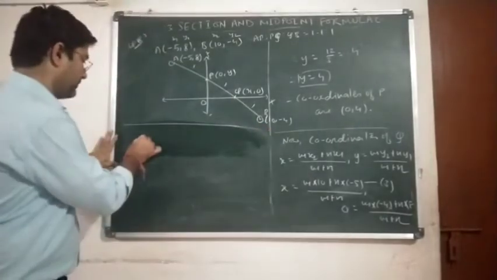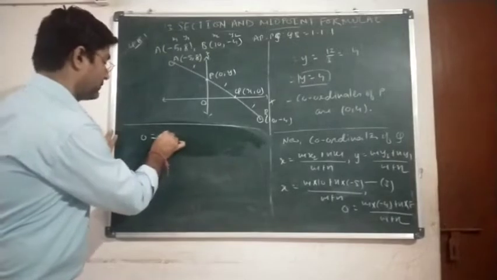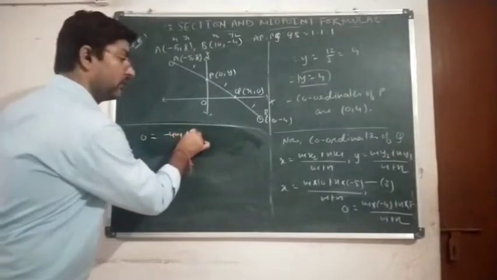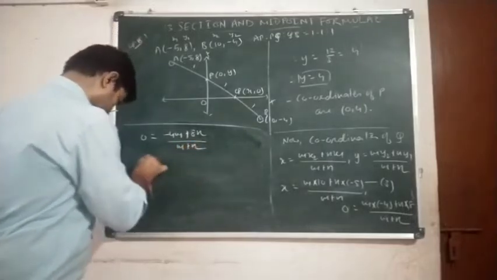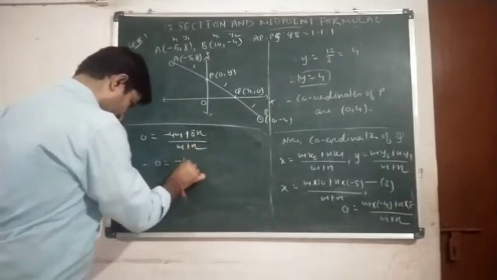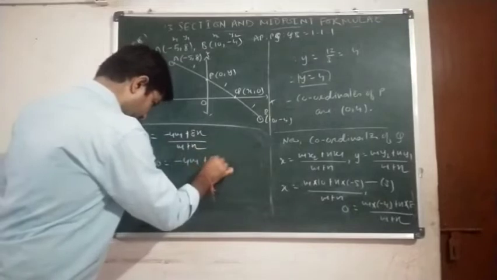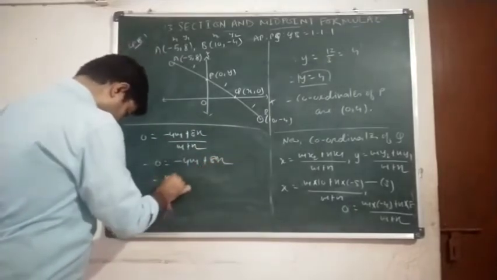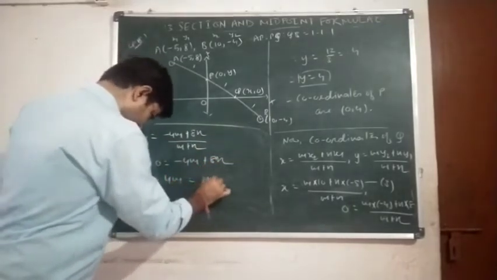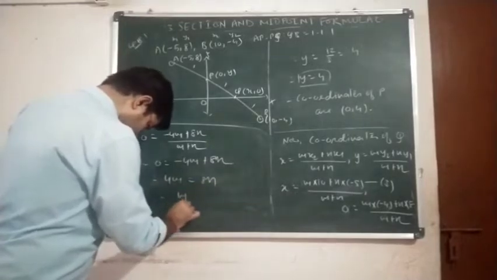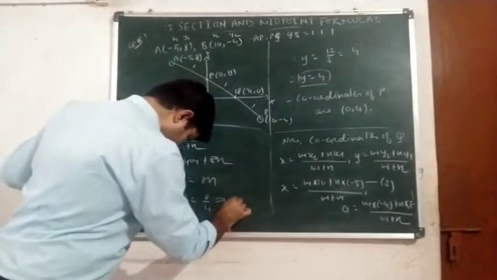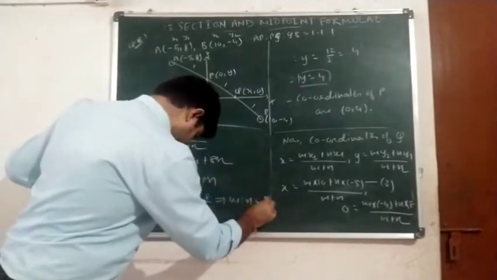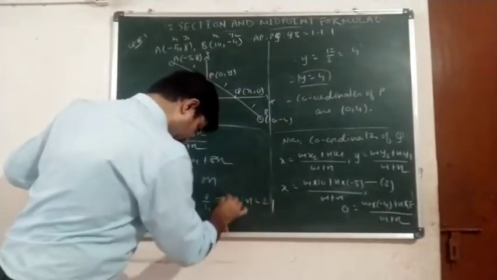Okay, so 0 is equal to minus 4m plus 8n upon m plus n. Therefore 0 is equal to minus 4m plus 8n. Therefore 4m is equal to 8n. Therefore m by n is equal to 8 by 4, implies m is to n is equal to 2 is to 1.